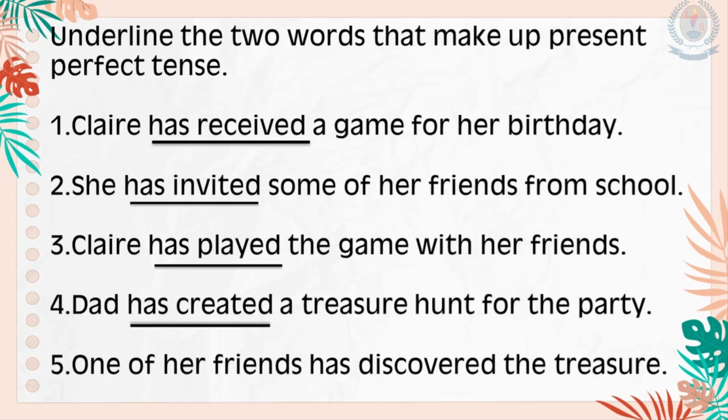But we consider this a singular subject. We take one friend out of a lot of friends. That's why we have used has here. So these two words are showing present perfect tense. Has discovered. I guess you all understood this one very clearly.